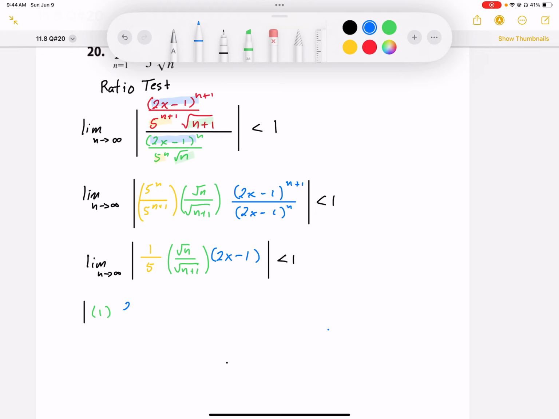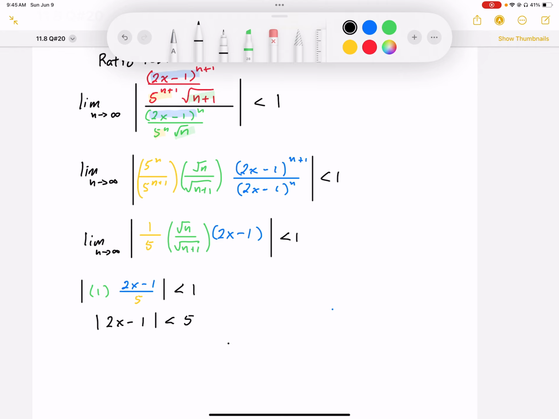So we end up with the absolute value of 2x minus 1 over 5. And then we can multiply that 5 onto the other side. So we have 2x minus 1 is going to be less than 5.